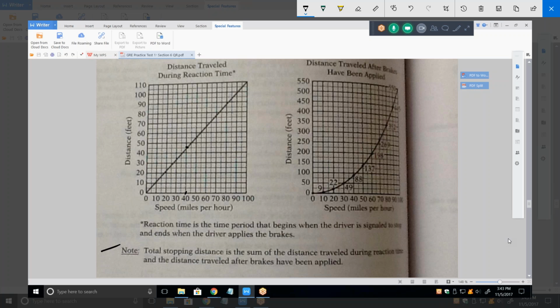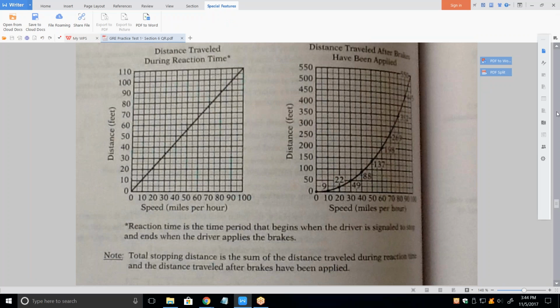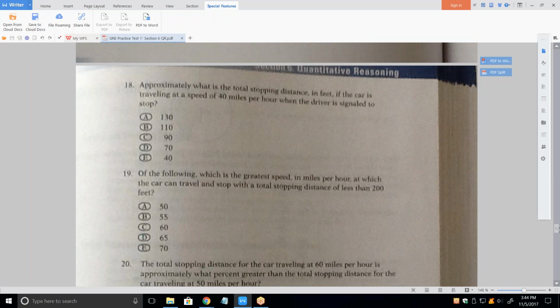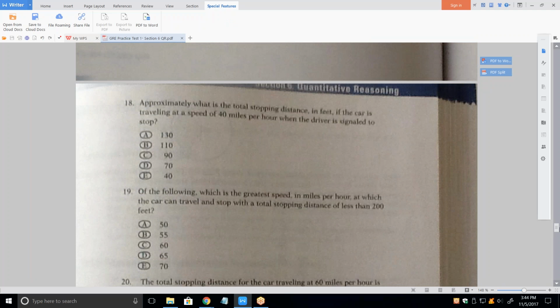Right there. So 45. 45 plus 88. Okay, now I hadn't gotten to this chart yet, but yeah, that's 88. So 88 plus 45 is 133. Let's see if there's anything close to 133. 130. Okay.